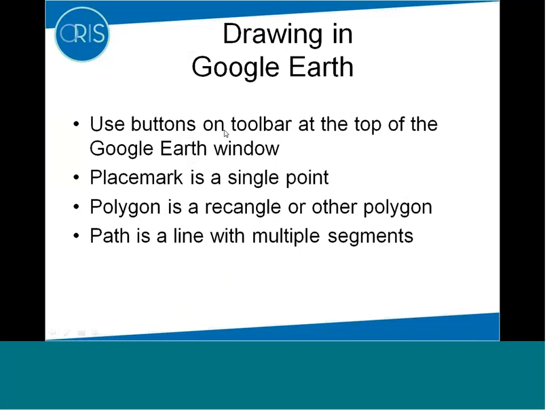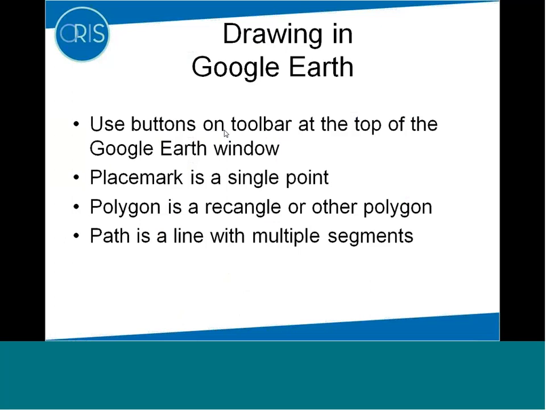A place mark is just used to draw a single point in Google Earth, which can be used for a point source, or a volume source, or a receptor, such as a sensitive receptor. The next button, the polygon, can be used to draw any polygon, such as for a building or for an area source.